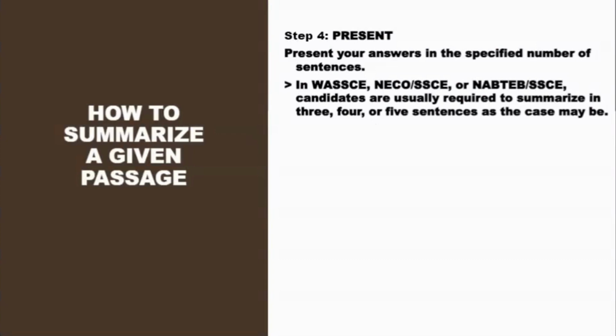Step number 4, present. Present your answers in the specified number of sentences. In the West African Senior School Certificate Examination, NECO SSC, or NAPTEP SSC, candidates are usually required to summarize in 3, 4, or 5 sentences, as the case may be. So in presenting your summary answers, you are to pay attention to the instruction.